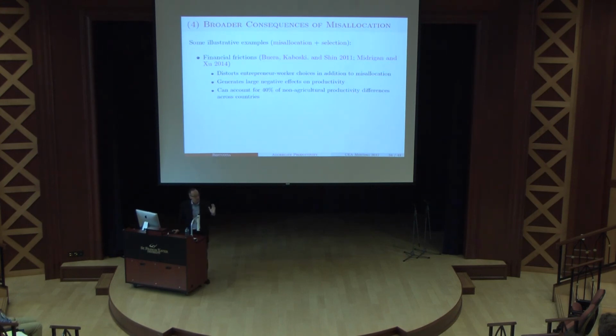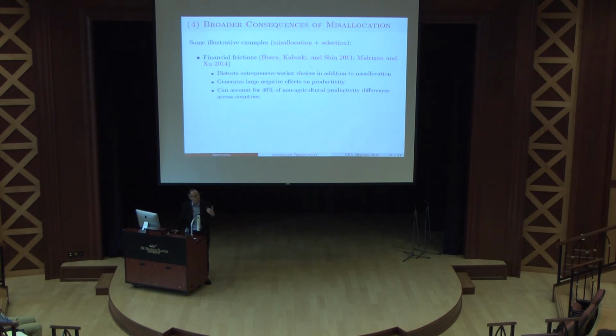Because imagine that if distortions are increasing with the productivity of the establishments, then that's like a lower return to being productive. So if you're undertaking investments, your incentives to adopt a better technology are going to be affected by that.